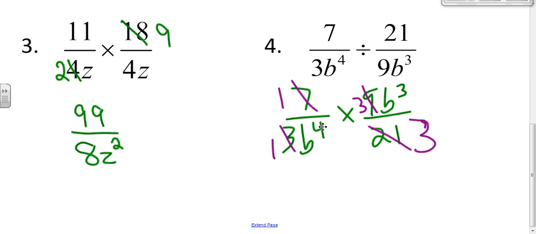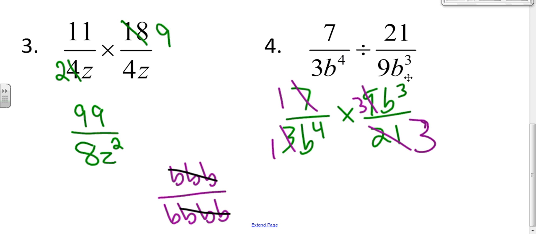To understand what happens with b to the 3rd and b to the 4th, just remember b to the 3rd means b over b to the 4th. b is a factor 4 times. And if I just reduce here, I'm left with just a b here in the denominator. So b to the 3rd is going to cancel out, and then this to the 4th power is going to cancel out. It's just going to be b to the 1st power.